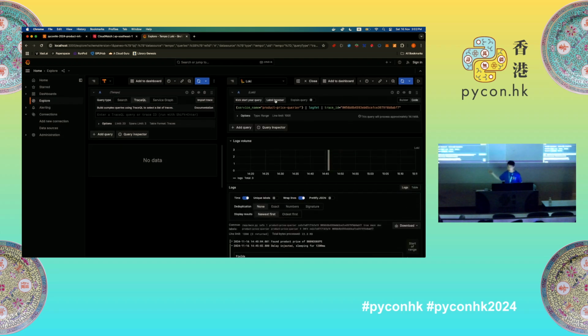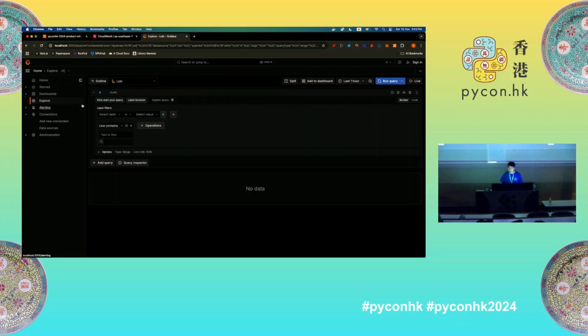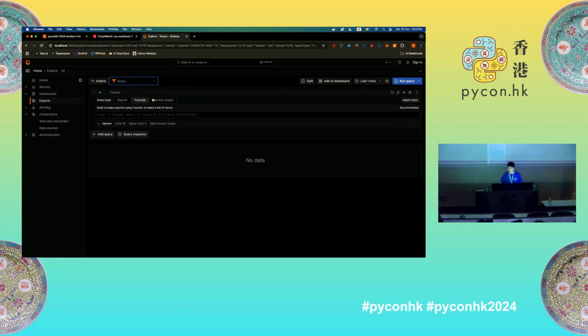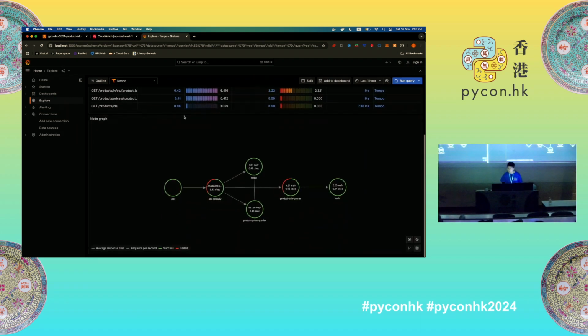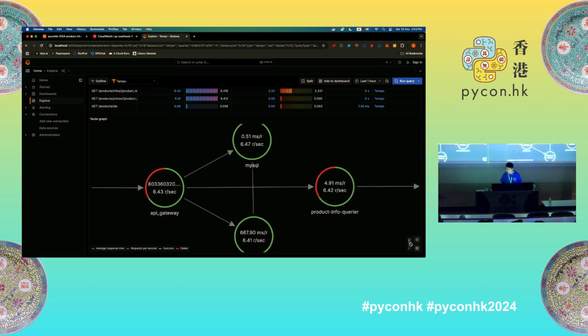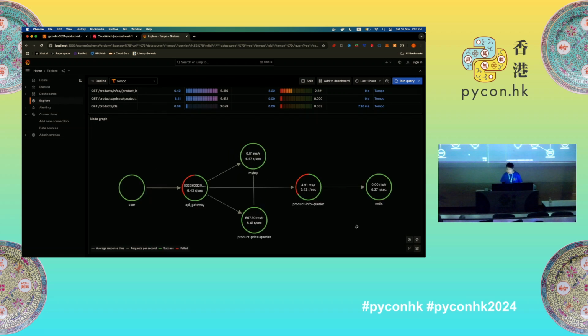If you set it correctly, not only can you use the trace to see the log and find out the root cause, you can also get a very high-level overview called the service graph. In Grafana, you can see this is the whole service I'm setting up. There's a user that calls the API gateway.